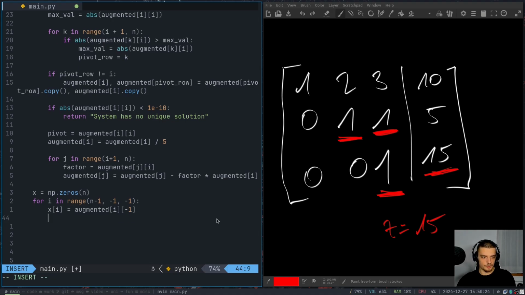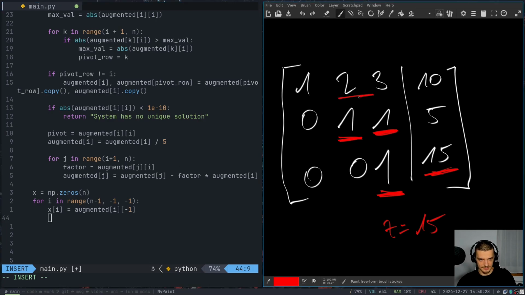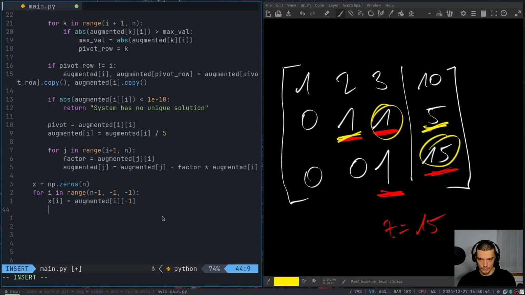But for the other rows, we need to make sure that we actually subtract all the stuff that's still here. So we need to get rid of all this. So in order to say what y is, we need to say, okay, y is basically 5, but not exactly 5, because we need to subtract 1 times 15 from here to know what y actually is. So we say for all the other rows below, for j in range i plus 1 until the end.